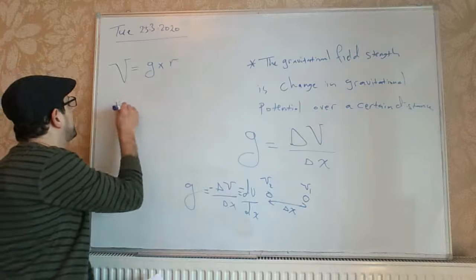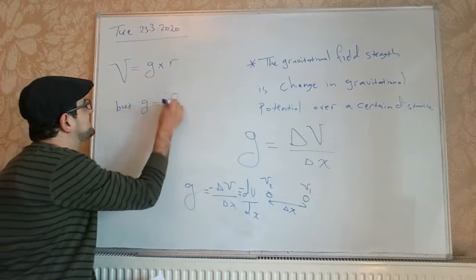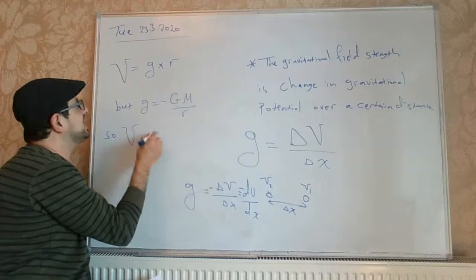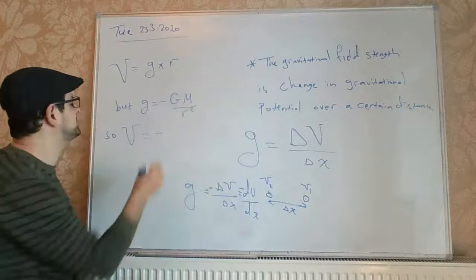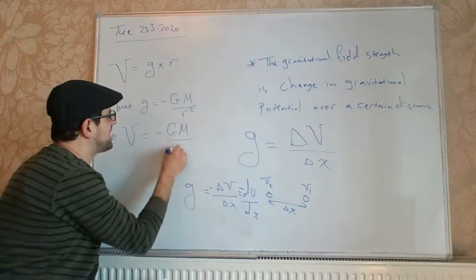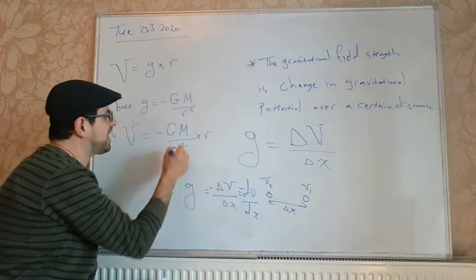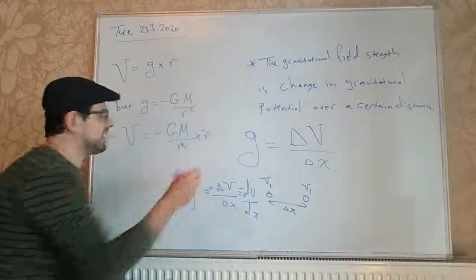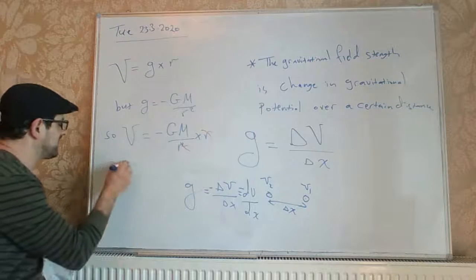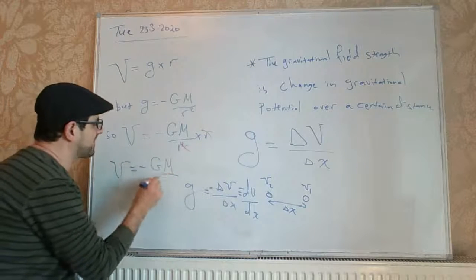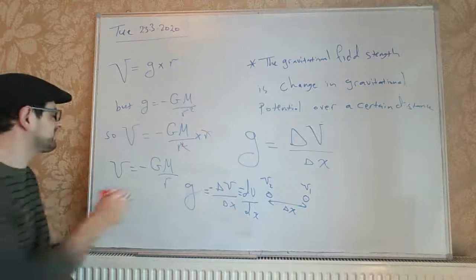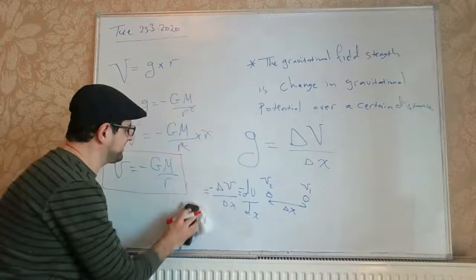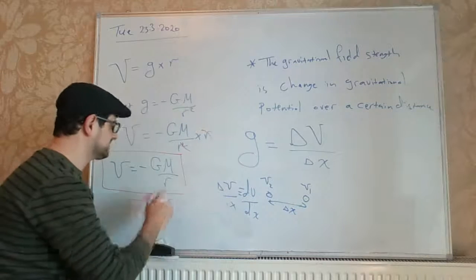But g is equal to negative Gm over R squared. So g equals negative Gm over R squared times R, the distance. R squared with R cancels out. What remains? V is negative Gm over R. This is the equation that we will use, and I believe it will be given to us.